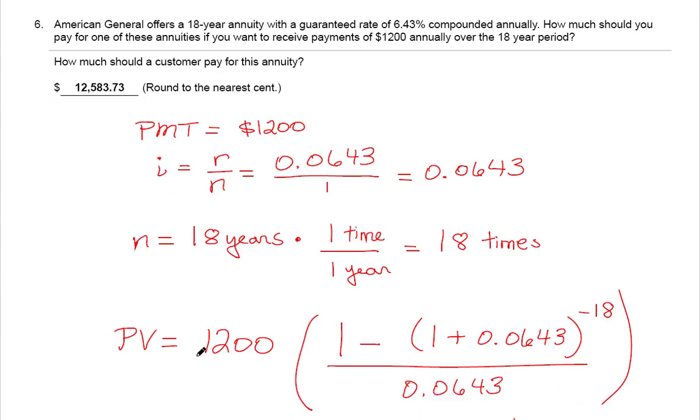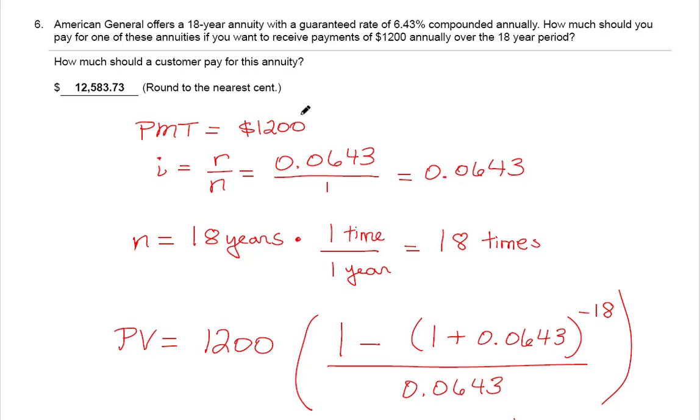All right, question 6. We have an 18-year annuity. It's compounded how often? Annually. Okay, so that means n is 1. All right, we want to receive payments of $1,200 over an 18-year period.